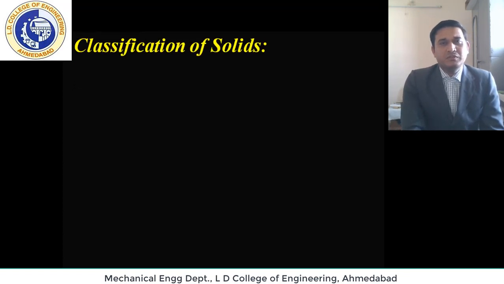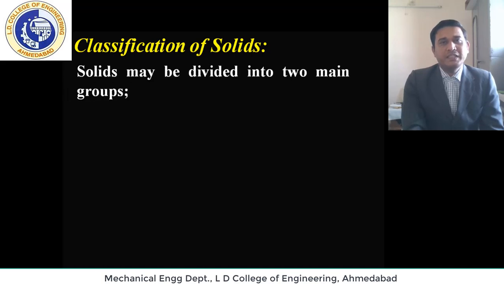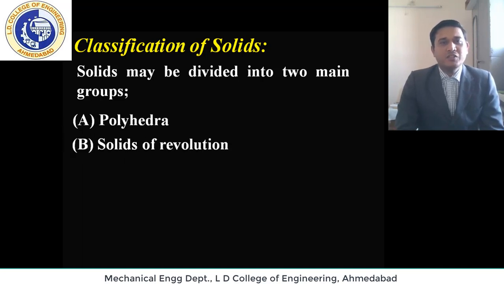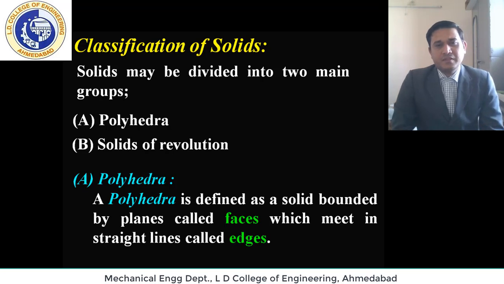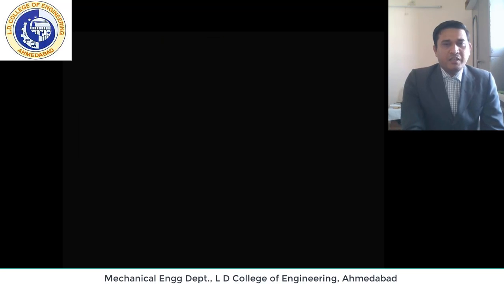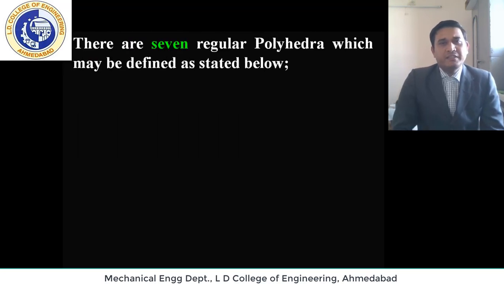Friends, solids are basically classified into two main groups. One is polyhedra and the second is solids of revolution. In polyhedra, the solid is bounded by planes, called faces, and these faces meet in straight lines, called edges.